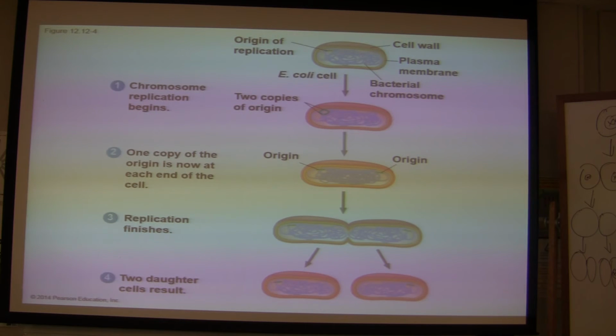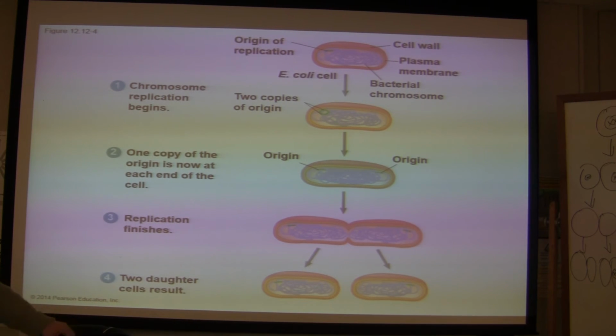The transition was slow. Some nucleated organisms undergo binary fission too, but those are protozoa, protista, that you already looked at, like amoeba and paramecium. So we do have some eukaryotic cells that undergo binary fission.